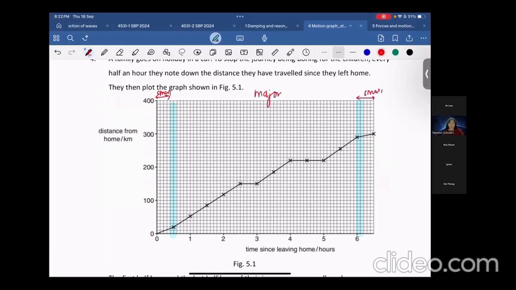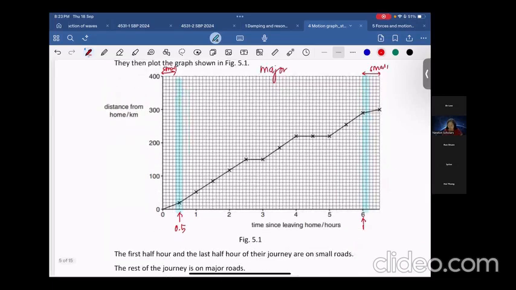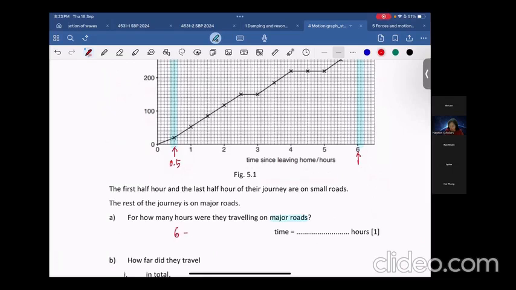So how many hours were they traveling on the major route? Here is 6 hours, here is 0.5 hours. So you use 6 minus 0.5, which is the time on the major route. So you get 5.5 hours.